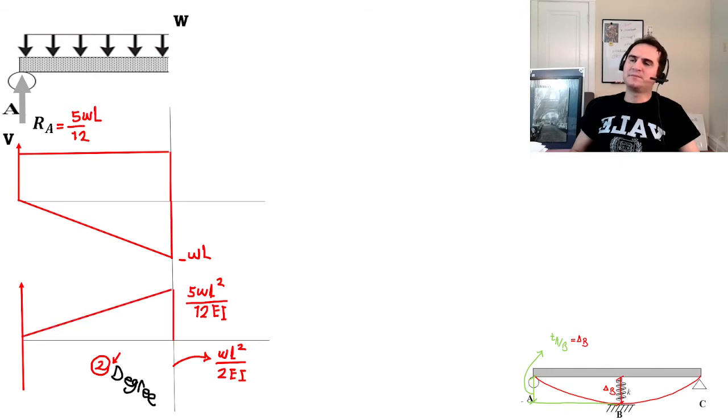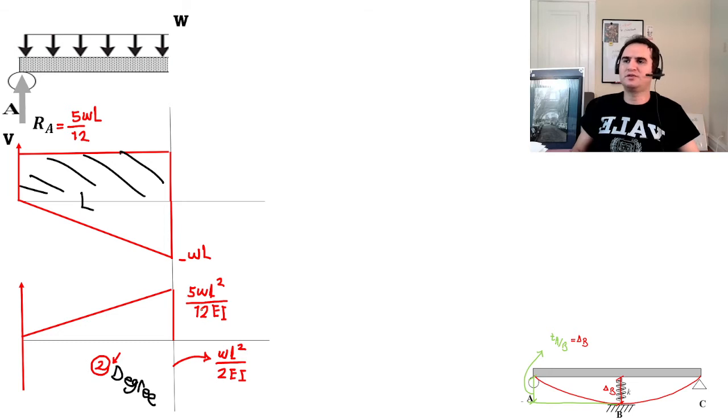Again, if we want to know the area under here, it's just L times, it's the rectangle, L times 5WL over 12.